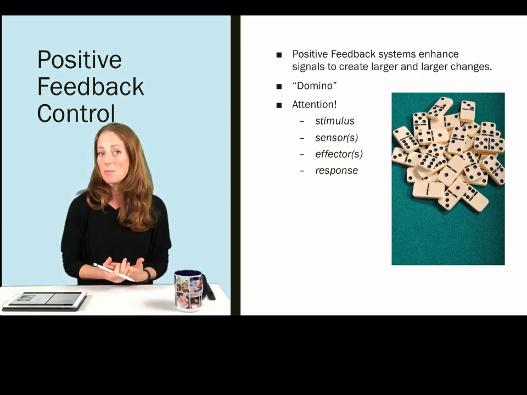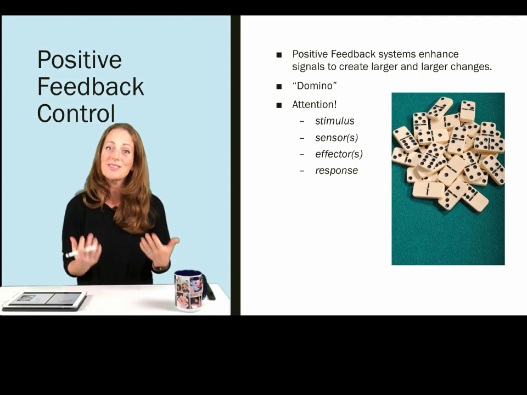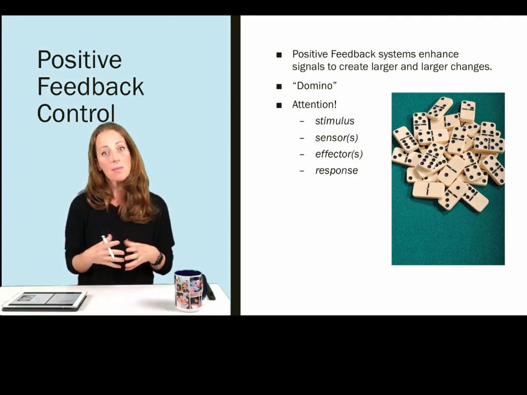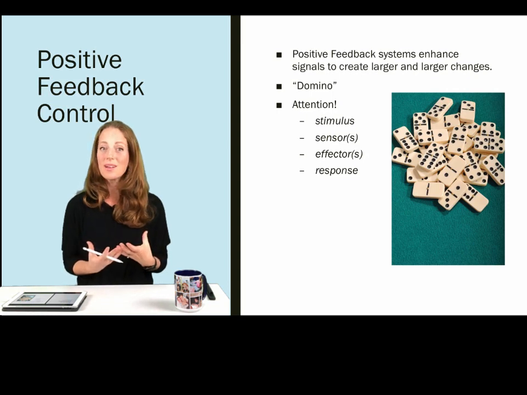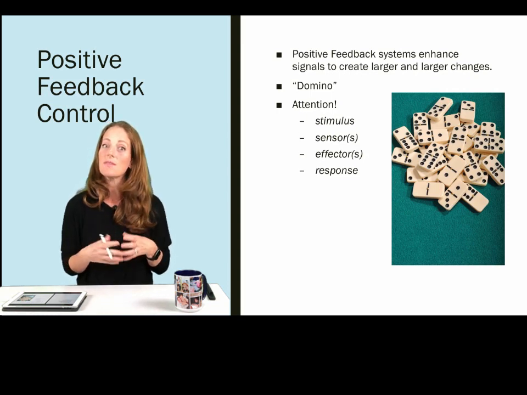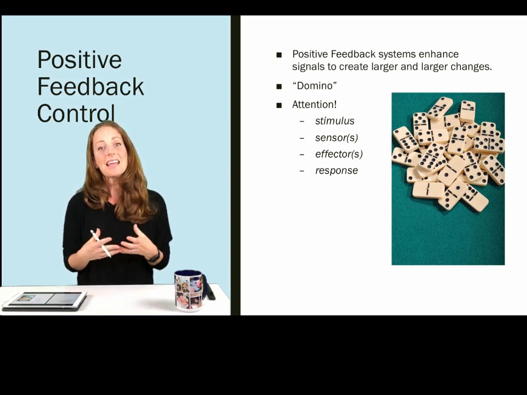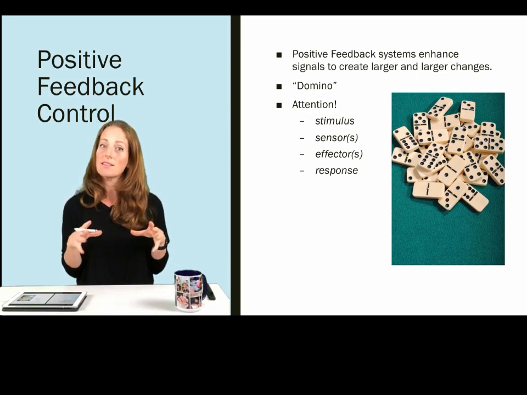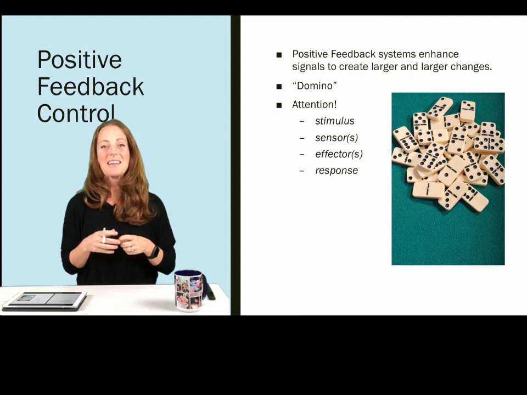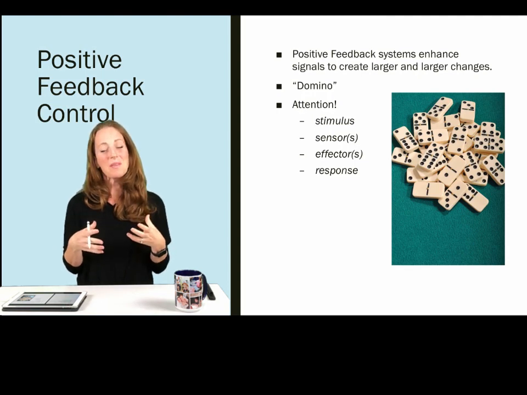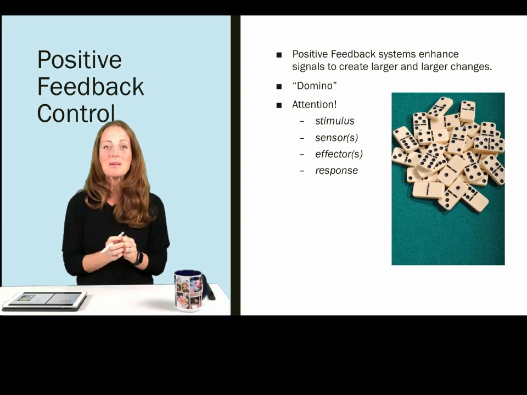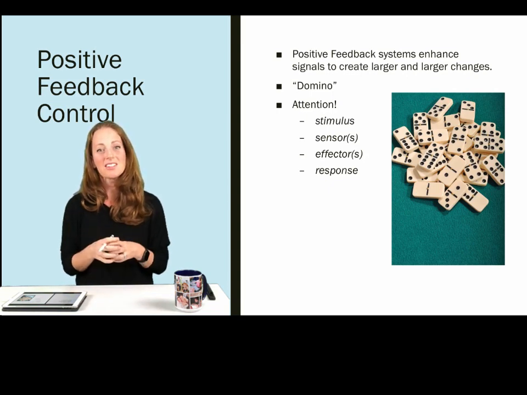One classic example of positive feedback control is childbirth. So during childbirth, the baby begins to push on the uterus. Oxytocin levels then increase, sensing the pressure in the uterus. Oxytocin causes contraction of the uterus, causing more pushing of the baby onto the uterus, causing more contraction.